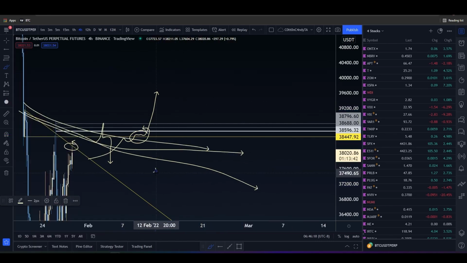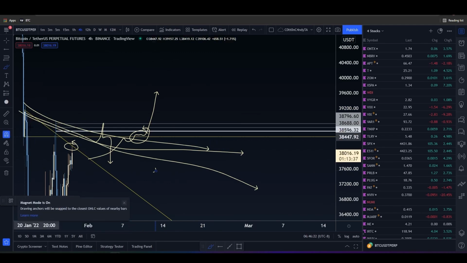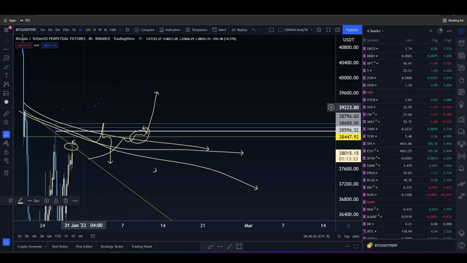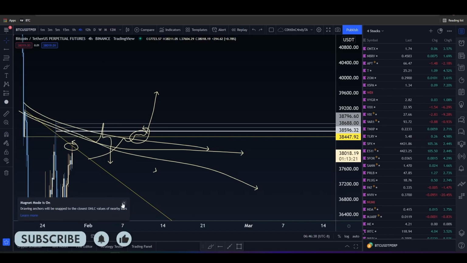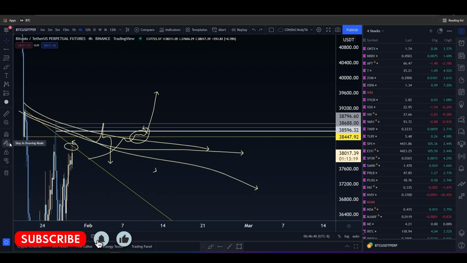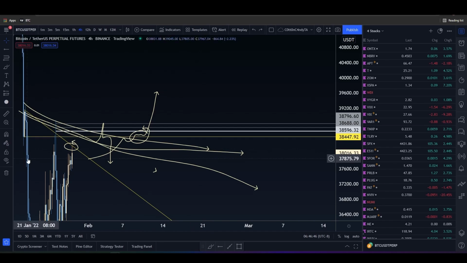Oops. Whoa. How did I get to that? I held control and clicked the button or something. What happened? Did I just unlock a secret panel? I hit control and did something and it unlocked some secret panel. What the hell? Okay, whatever. Dude, what happened? Anybody seen that before? I quickly closed it because I was like, get out of my way. I'm going to have to watch a replay on that one. Secret panel unlocked, TradingView beta mode.